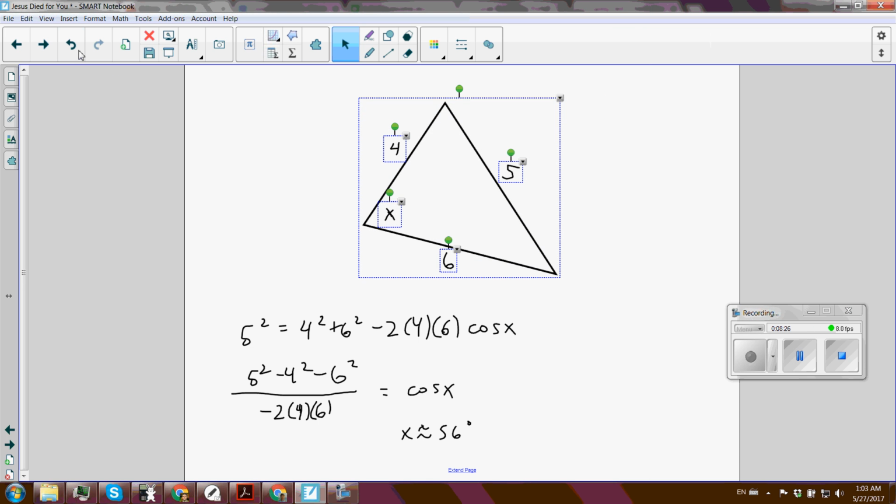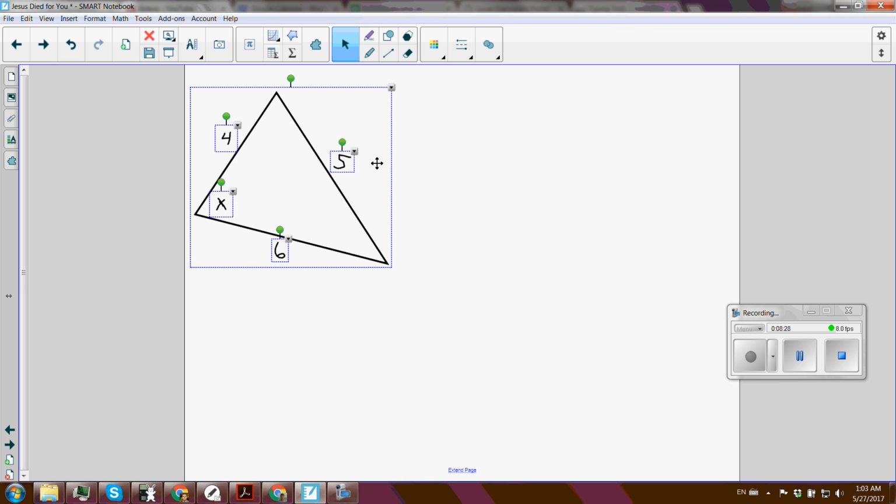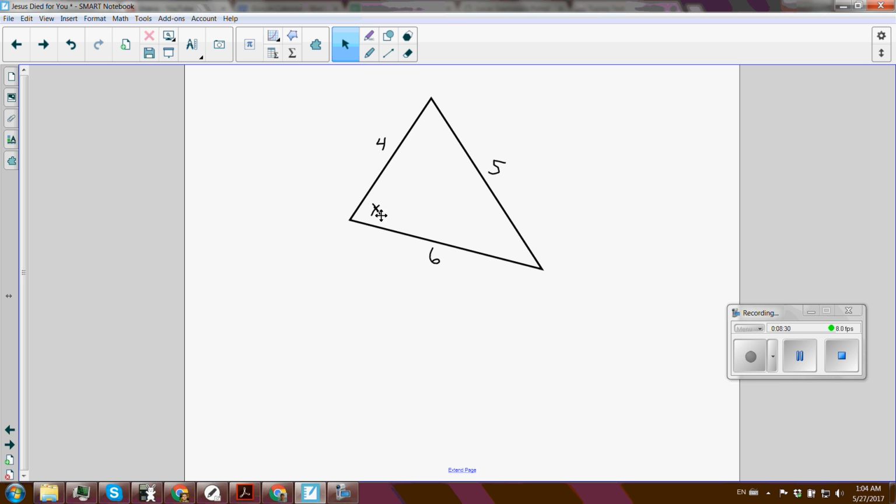Okay, so now a quick summary as to when to use the law of sines versus the law of cosines. If you know 2 out of 3 of the angles, like 40 degrees here and 55 degrees here, then that would be the law of sines.